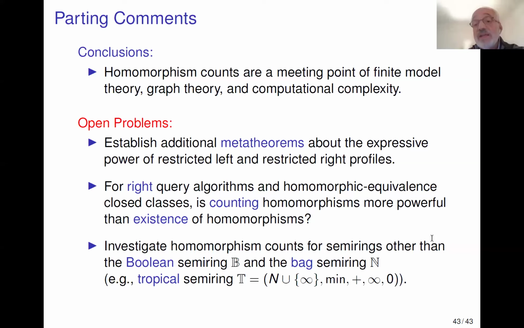But there is another area of work in database theory that studies databases with annotations over arbitrary positive semirings. And this gives homomorphism counts in the sense of other semirings, for instance, the tropical semiring, where you have the min as addition and the plus as multiplication. I don't think this has been looked at, and it would certainly be interesting and worth investigating.